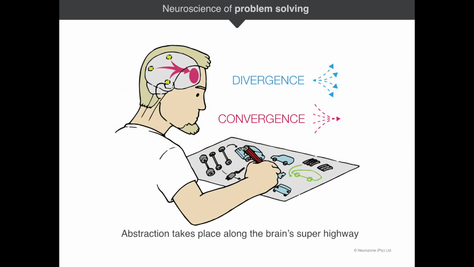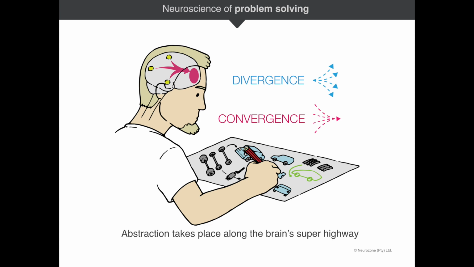If you look at this guy who is trying to assemble a car and all his properties and components, once again you can see through his head into the brain. You'll see these yellow blobs which represent the long-term memory sites. You'll see this arrowed pathway which is called the superhighway, and you'll see the prefrontal cortex, the so-called dorsolateral prefrontal cortex in the front of the brain.